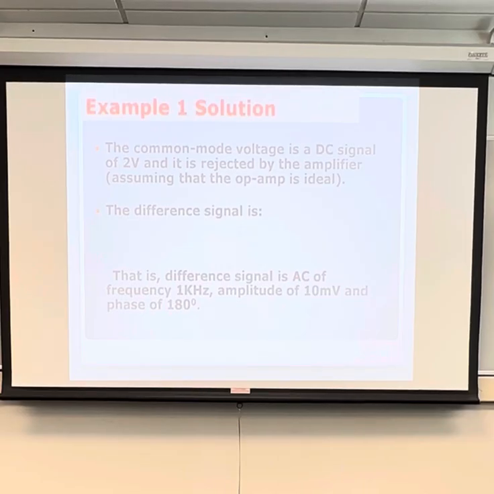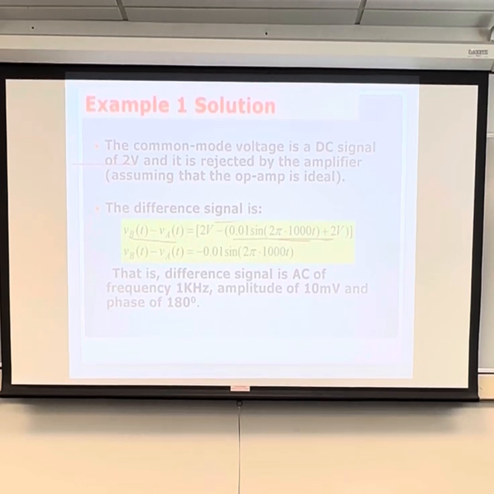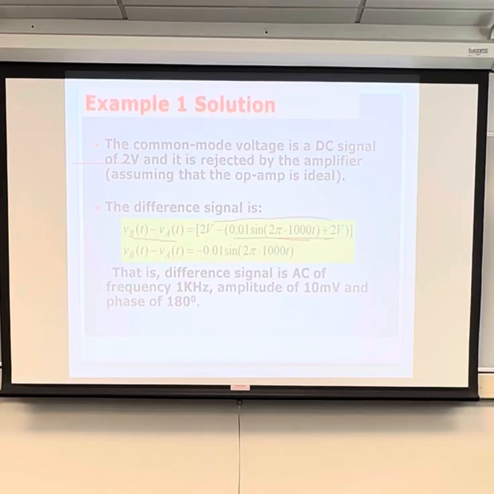So we're going to assume we're going to reject the 2 volts, and if we put it in the math for V sub B minus V sub A, we get 2 volts minus the sine of 2 pi 1000 t plus 2 volts. So mathematically, the 2 volts cancels out here, and we only get out the inverted 1000 t waveform.